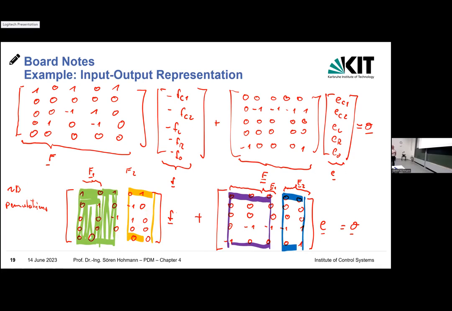We just take the same dimension as the independent equations. If you have 2 independent equations, then we have 2. Here we have 3 independent equations, and we get this F1 part, and for E2, 2 independent equations. Therefore, the lower part here.